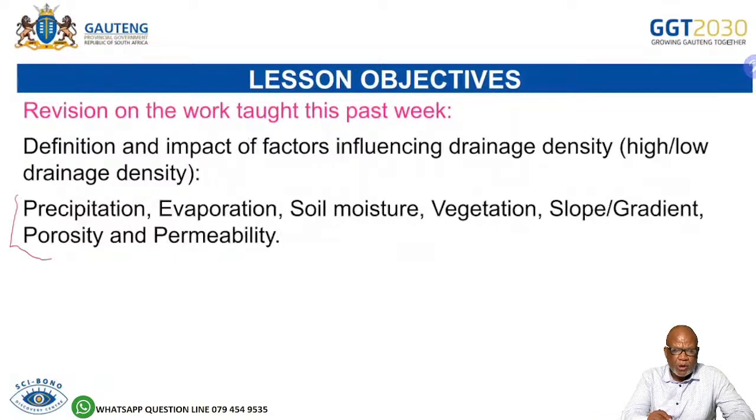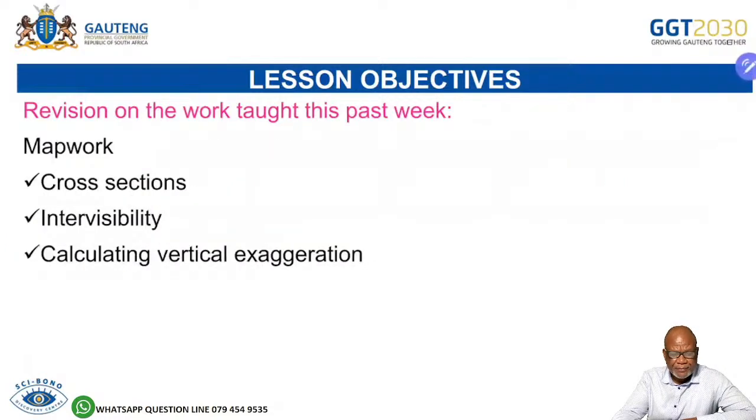You must be able to explain how does precipitation influence density, how does evaporation influence density, how does soil moisture influence density, how does vegetation or absence of vegetation influence density, how does the slope or the gradient influence density, then porosity and permeability, which are very related to each other. We'll see how porosity relates to permeability or the other way around.